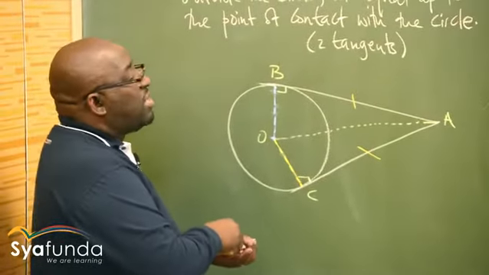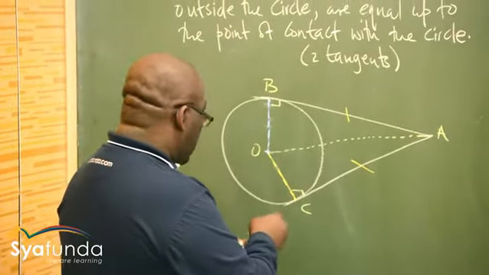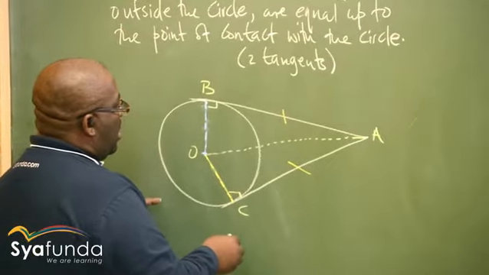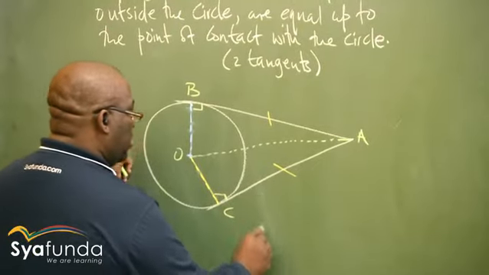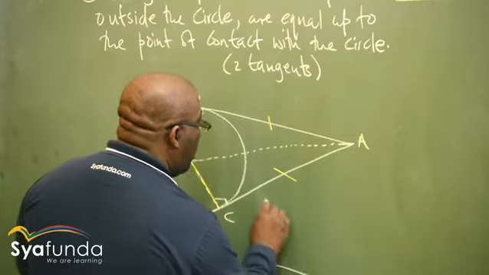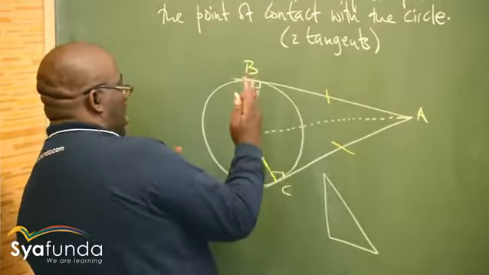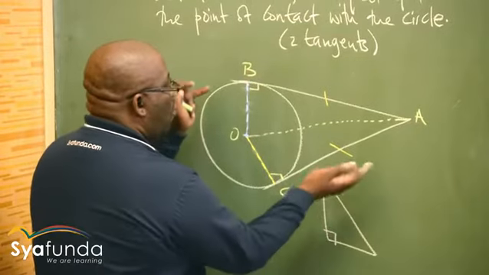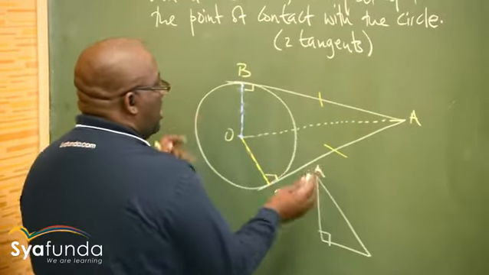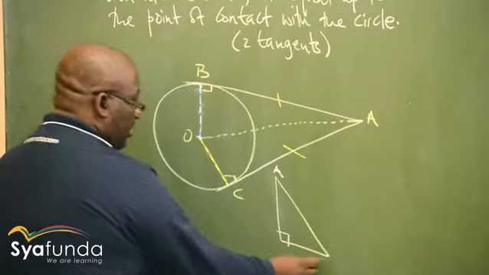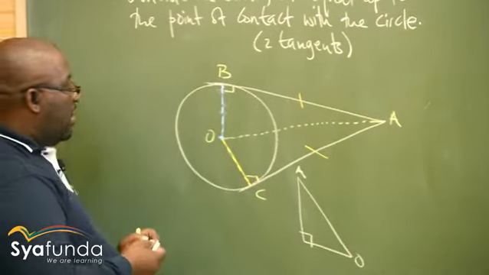Let's just sketch them separately so that we'll see what we're talking about. We've got this triangle. I've just taken it up this way, so 90 degrees is here. What value do I have there? It is A, and this is O. Right, that's one triangle.